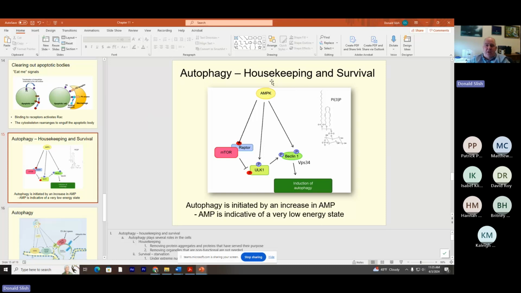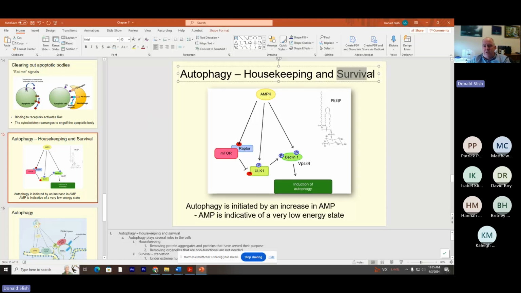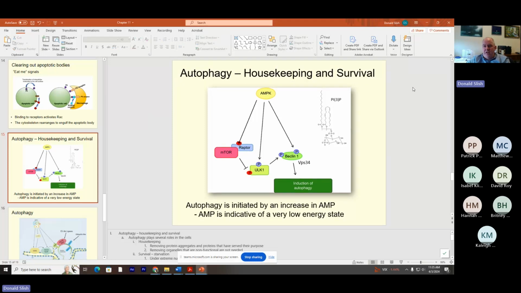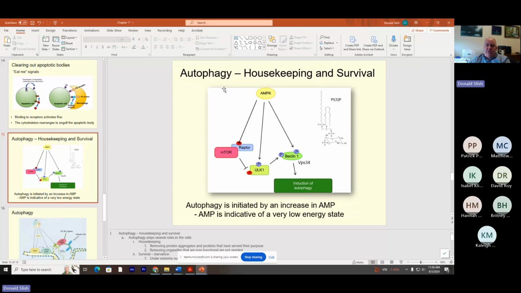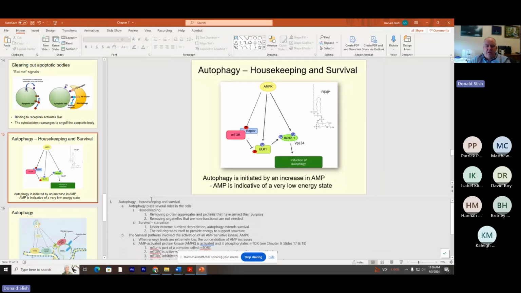That's the housekeeping idea. And then survival, which is more what I'm going to talk about today, is when nutrient concentrations are really, really low and you need to start breaking down what you have in order to survive. What activates autophagy in terms of survival is a decrease in the energy available in the cell.